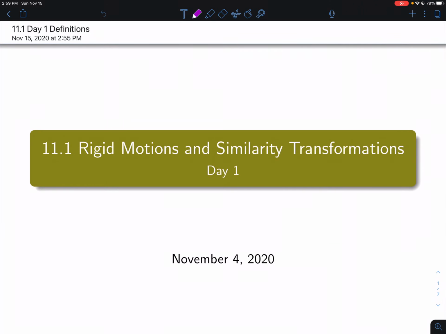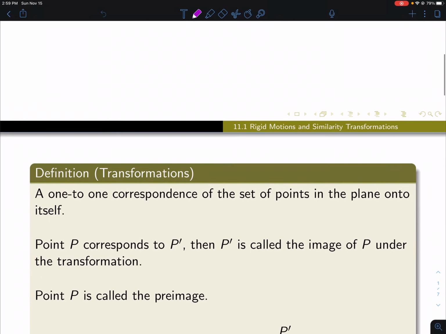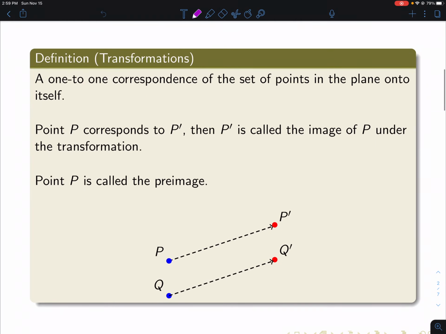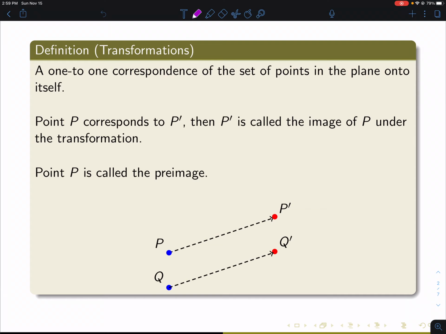So we've got our rigid motions and similarity transformations here, day 1. A transformation is what's called a one-to-one correspondence of the set of points in the plane onto itself. What it's doing is taking this point P and moving it to some other point P prime, or in this case, taking Q and moving that point to Q prime in some manner.